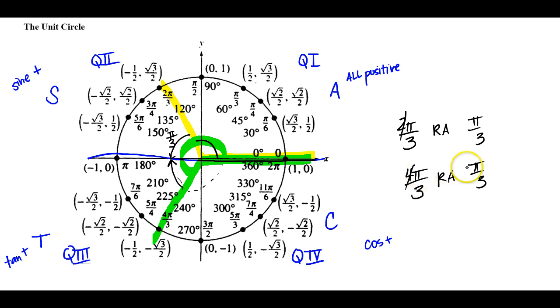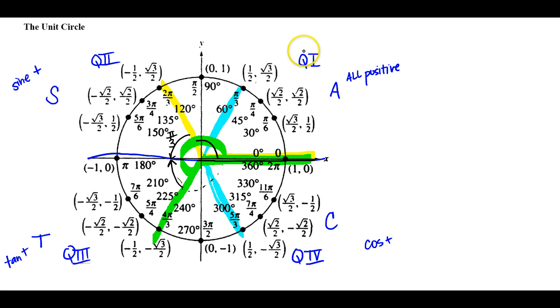So reference angles are going to be important because I'm actually going to highlight all of the angles with reference angles pi over 3. So 5 pi over 3, and then also up here at pi over 3. So we did this earlier a bit, but we're just going to do it again right now to see that pattern clearly.